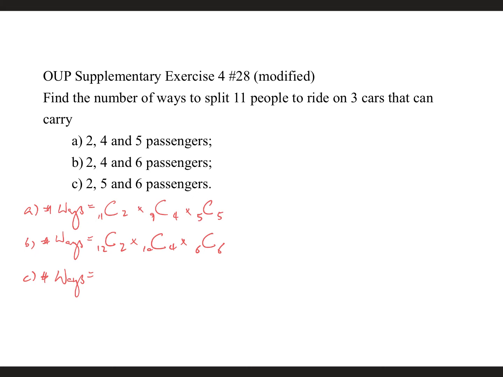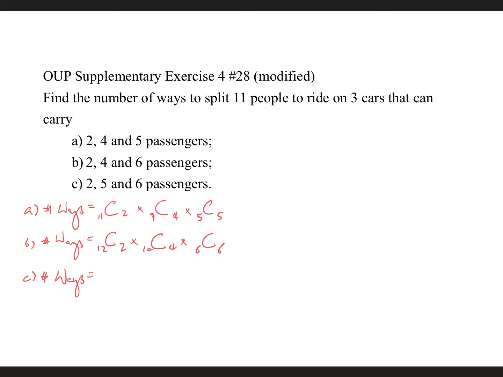So from the 11 people, we must choose at least 1 to fill the first car. But maybe we can choose 2 persons to sit on the first car. Do you see the difficulties? So we must think about this in this way.